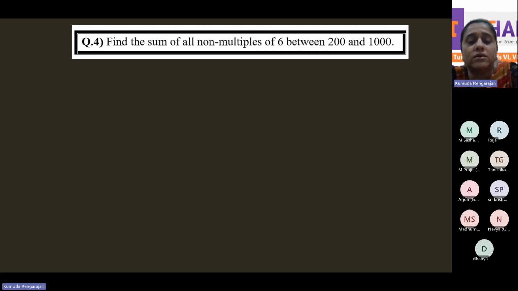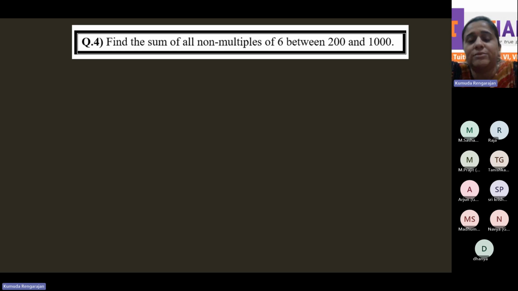Find the sum of all non-multiples of 6 between 200 and 1000. So first find the sum of all the multiples of 6. First generate the arithmetic progression of the multiples of 6 between 200 and 1000.